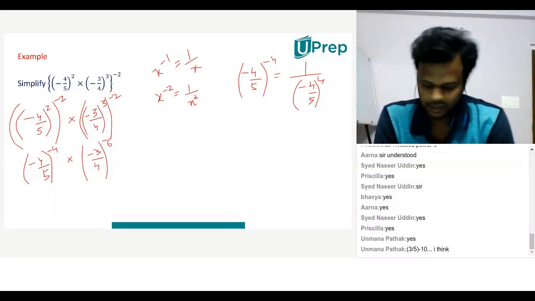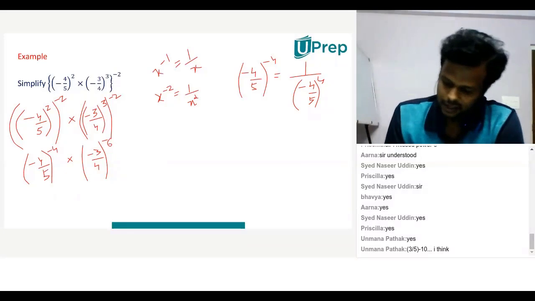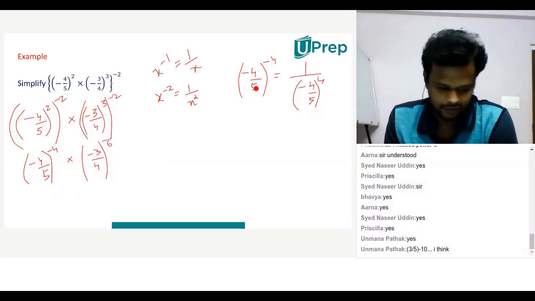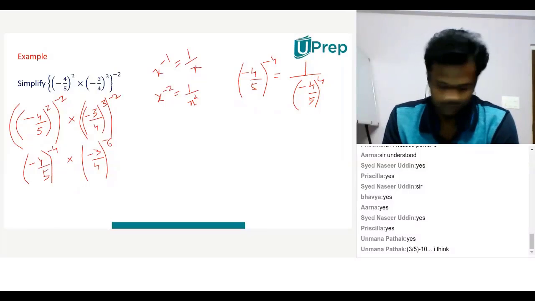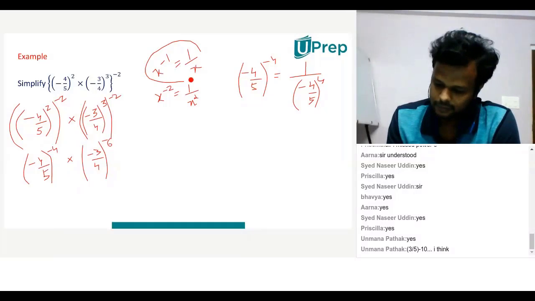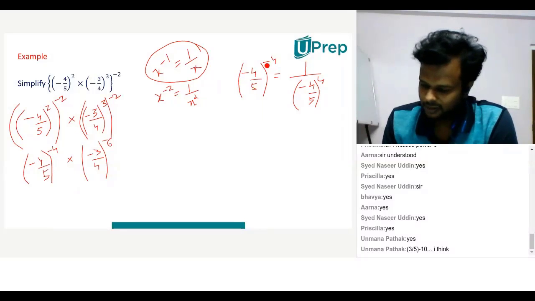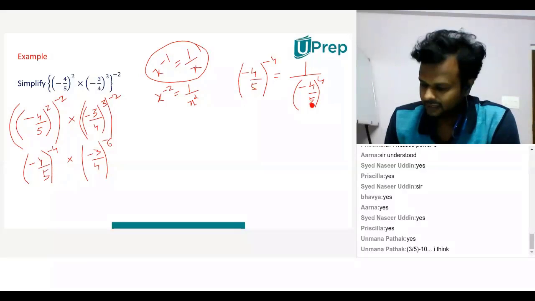Children, is everybody here with me? Can I write it this way? Minus 4 by 5 whole power minus 4 is equal to 1 by minus 4 by 5 whole power 4. Is that okay, children? I am using this formula here: x power minus 1 is equal to 1 by x. Because the power is negative here, I will write it as 1 by minus 4 by 5 whole power 4.